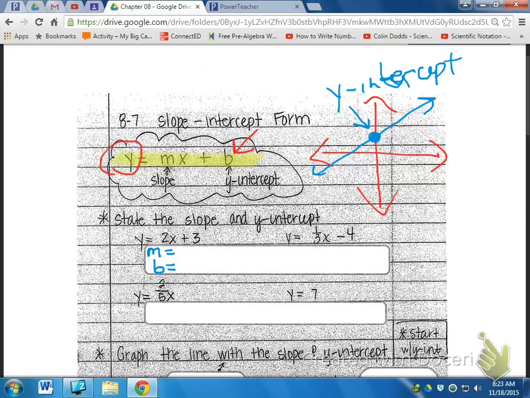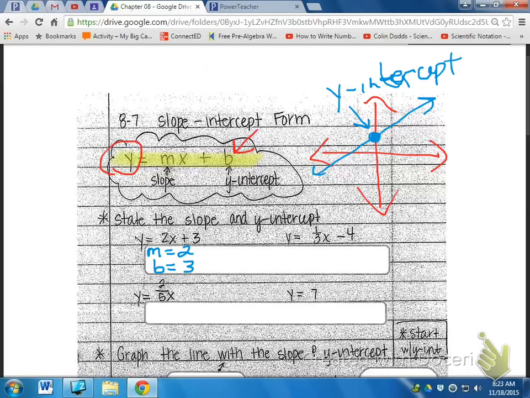So Trayton, on the first example, what's the slope? 2. And what's the y-intercept? 3. So on your homework, all you're going to have to do is put m equals and b equals, and then tell what the numbers are. They're going to be in the form y equals mx plus b. You're just pulling those numbers out.